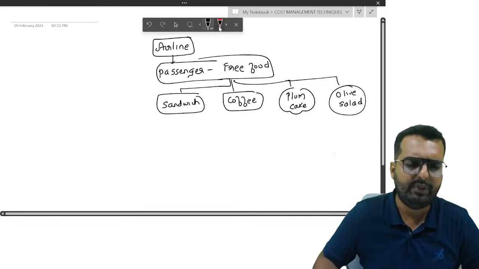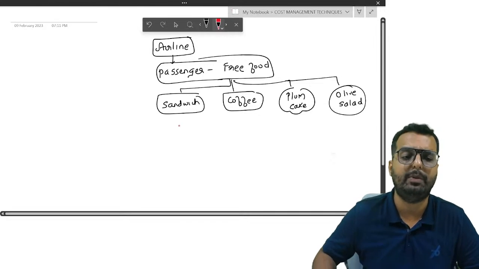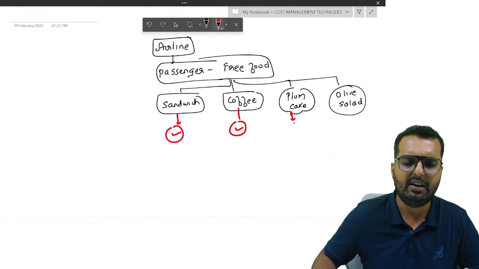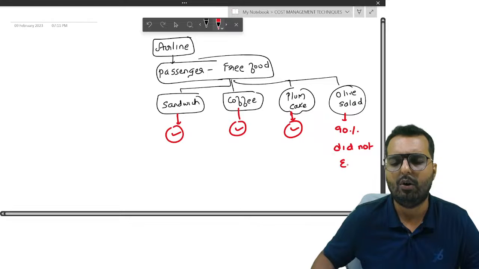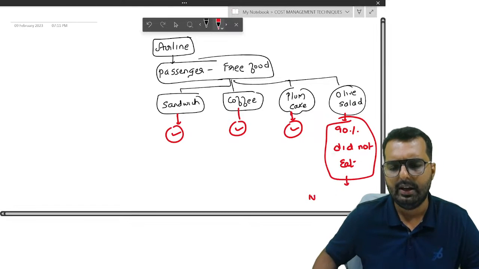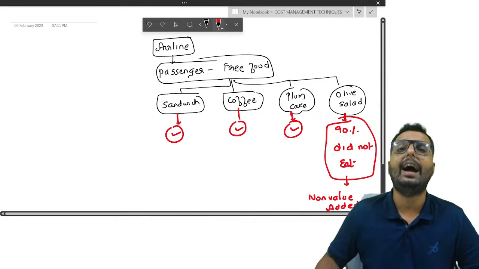Now, when they did proper research on the food eating habits of these people, they understood most of them will eat the sandwich, drink coffee, eat that plum cake, but 90% of people did not eat olives. So tell me, friends, olive will become what? It will become a non-value added activity.